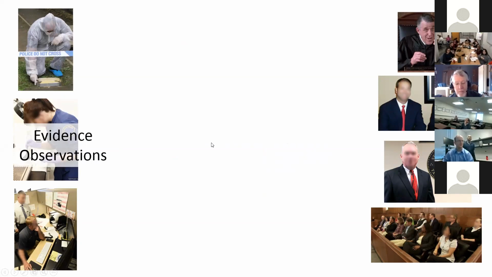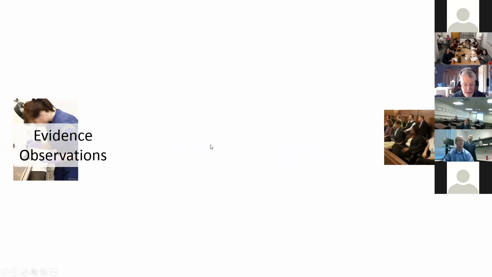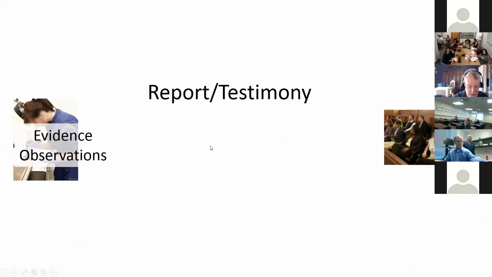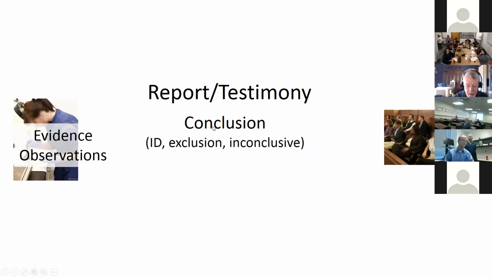The vehicle of transfer between those parties is a report or the testimony, which historically has been given with a punchline of a conclusion, which may have been expressed as a categorical conclusion, such as an identification, an exclusion, or inconclusive.